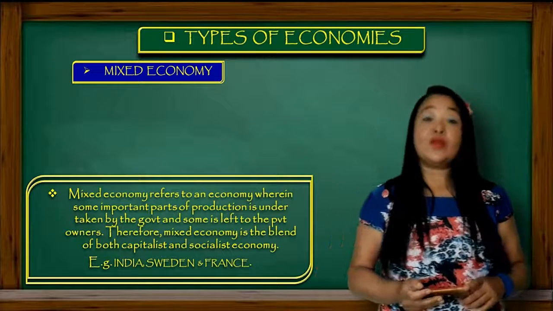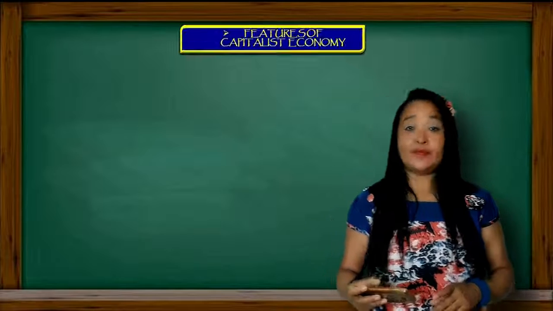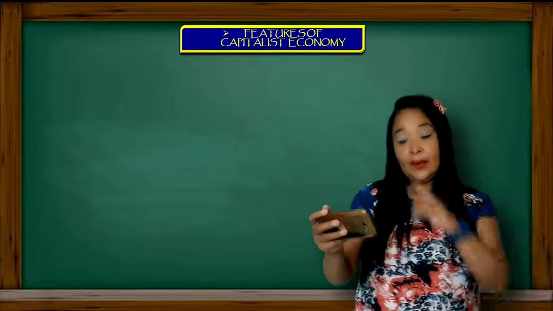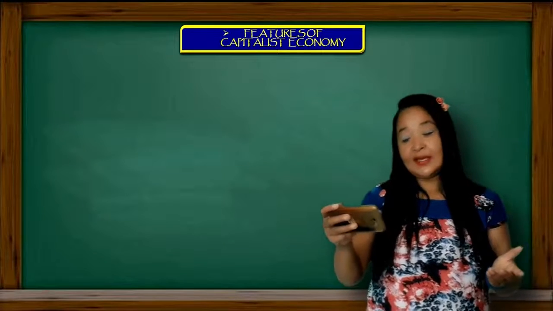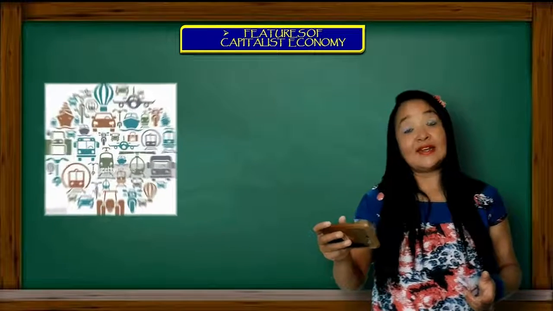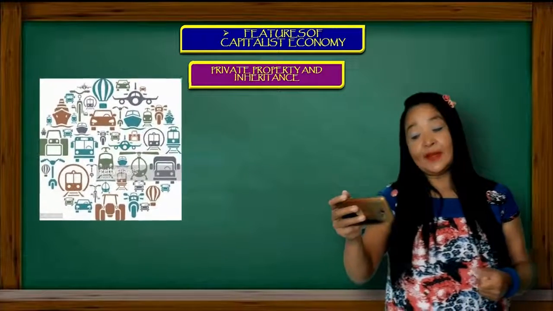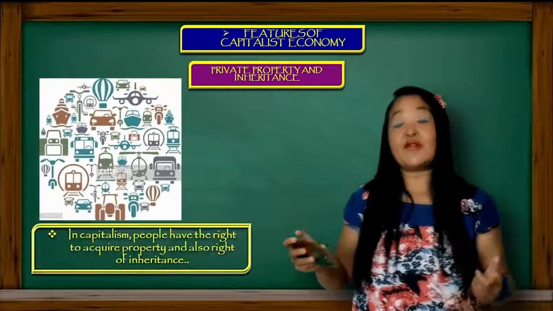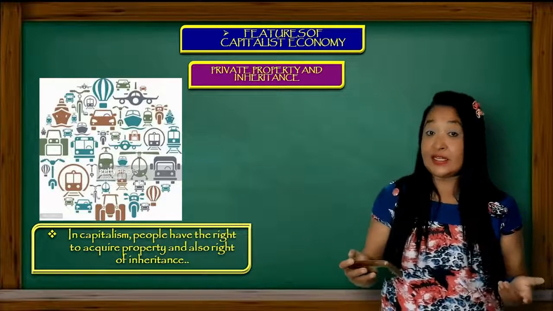Now we'll see what the main features of a capitalistic economy are. Here we go. The first characteristic of a capitalistic economy is private property and inheritance. In capitalism, people have a right to acquire private property and a right of inheritance.